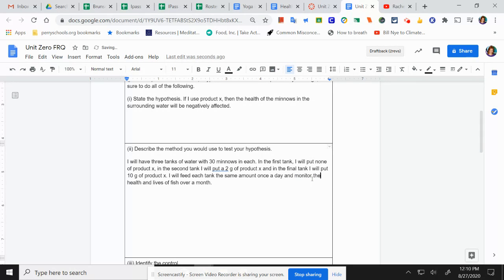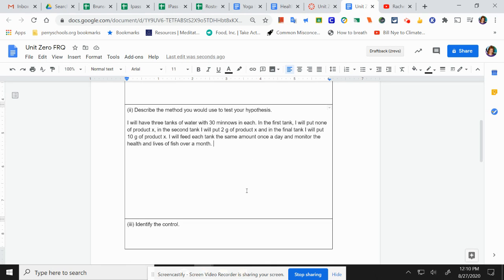Monitor the health. The little squiggly says you did something wrong, so it's easy to pick up and change. So I'm going to have three tanks of water with 30 minnows in each. First tank, nothing. Second tank, 2 grams of product X, and in the final tank, 10 grams. That's a lot. I'm feeding them the same amount once a day and monitoring the health and lives of fish over a month.